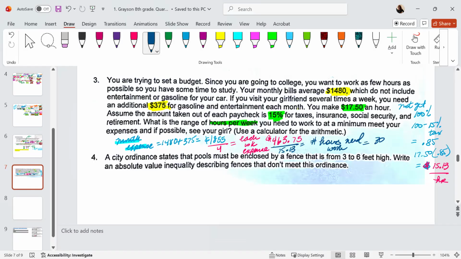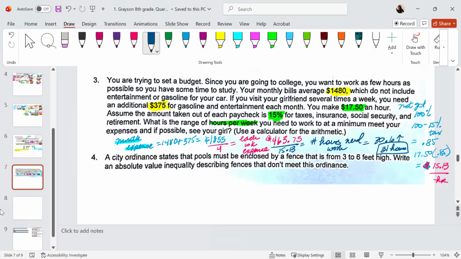Is it 30 point something or what is it? 30.6. So you have to round up, correct? So she needs to work at least 31 hours per week, which is not easy to do because if you're going to school, how are you going to find an extra 31 hours to work? 40 hours is full-time working, right?